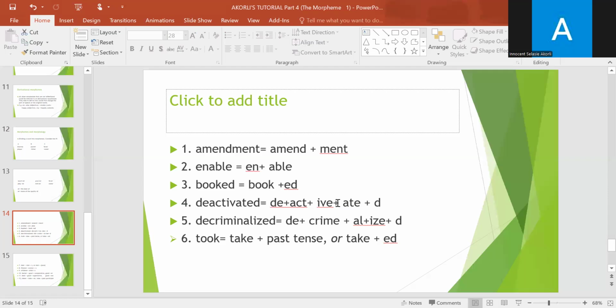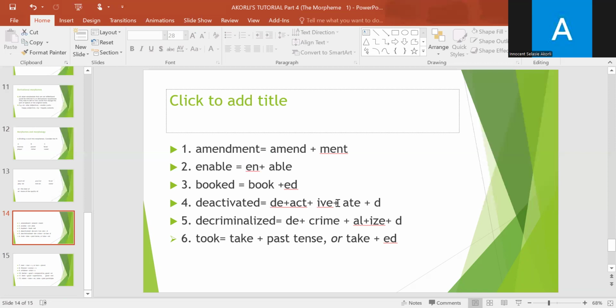Decriminalized. We are going to get D plus criminalized. But then when you get D plus criminalized, take D, the past tense morpheme, away. Then you are going to have criminalize. That criminalize, you must get the root.